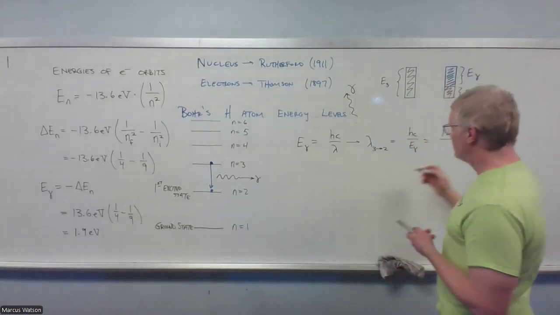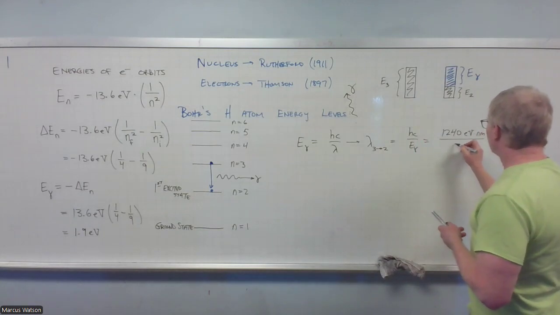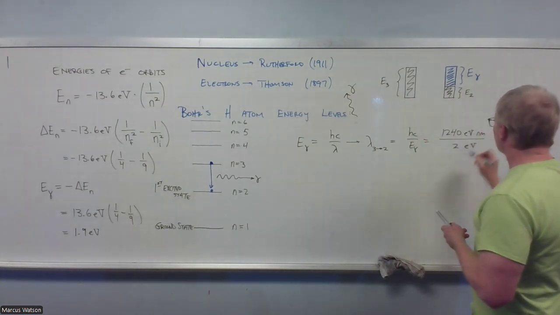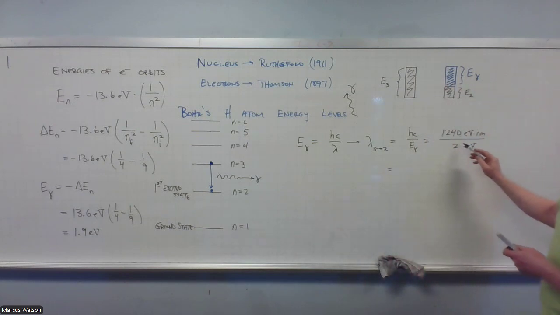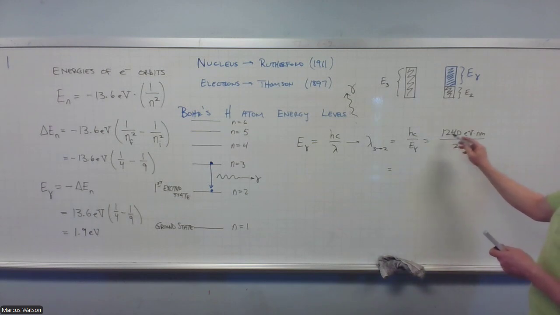Can we call it 2? It's a little less than that, but it makes life a little bit easier. That way I don't have to worry about actually doing a division. And so this turns out to be 620.